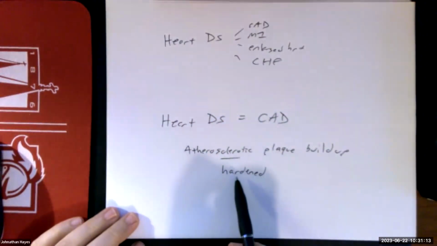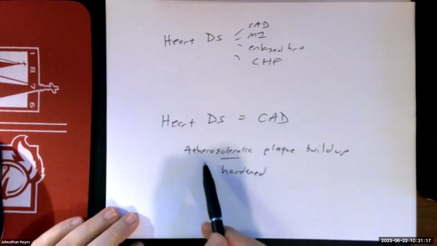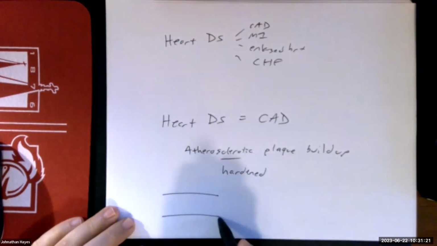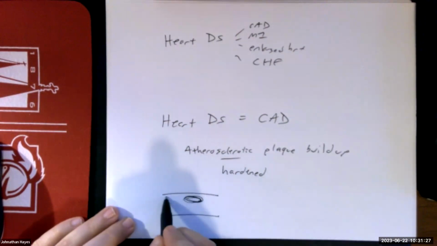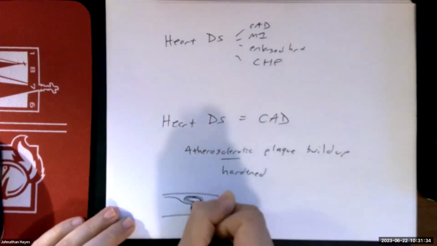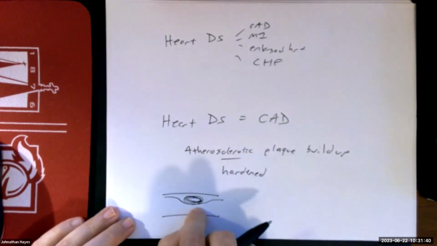So atherosclerotic plaque buildup is a fatty plaque that builds up in the walls of vessels. And over time, it gets calcified to harden it, right? So the irritation that comes with that causes the vessel to calcify and harden. But because there's a plaque in there, it's already narrowing the lumen of the vessel, right?